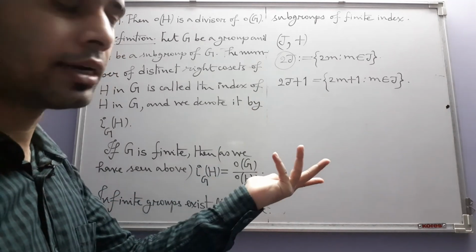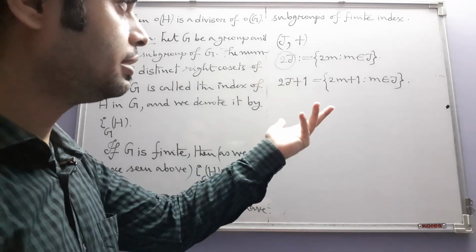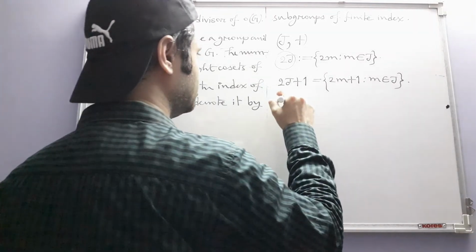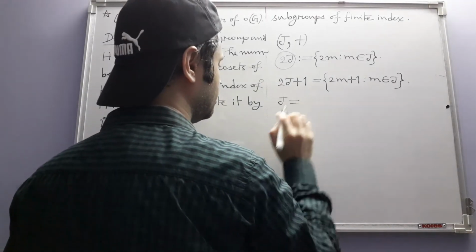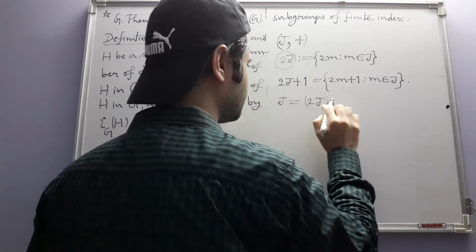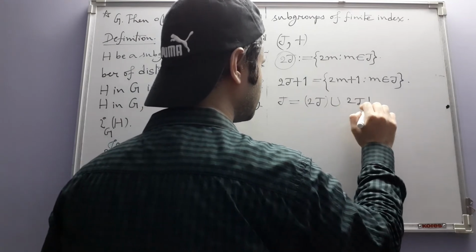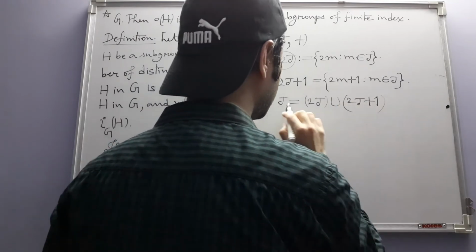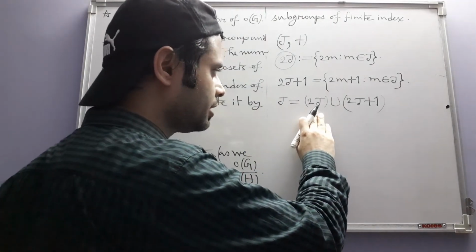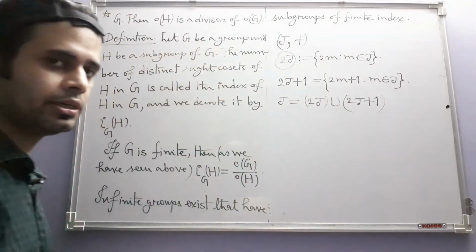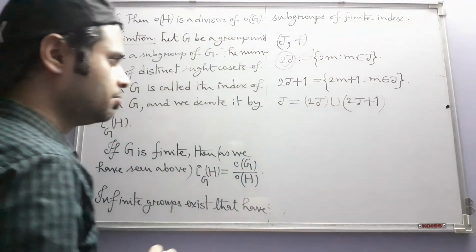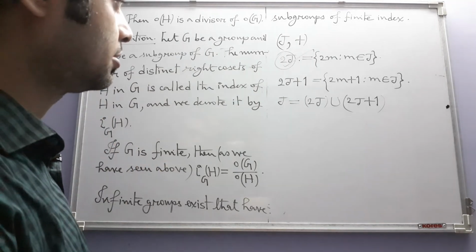Since we know that every integer is either an even integer or an odd integer, we can write this: the set of integers is equal to 2j union 2j plus 1. That is, we have written the set of integers as a union of all even integers and all odd integers. So for this subgroup, there are only two cosets.